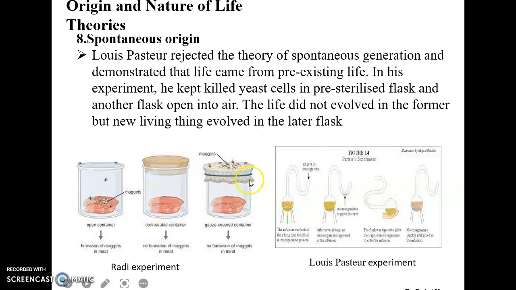And after Redi's experiment, Louis Pasteur also did an experiment, and he used killed yeast in sterilized jars and tried to prove the spontaneous generation theory, but his experiment also disproved the theory of spontaneous generation.